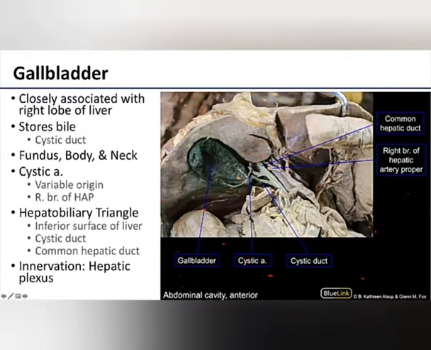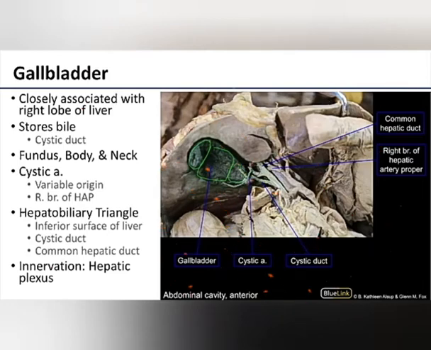The gallbladder has a fundus, although in anatomical position that fundus is inferior, a body, and a neck. And it's supplied by the cystic artery.